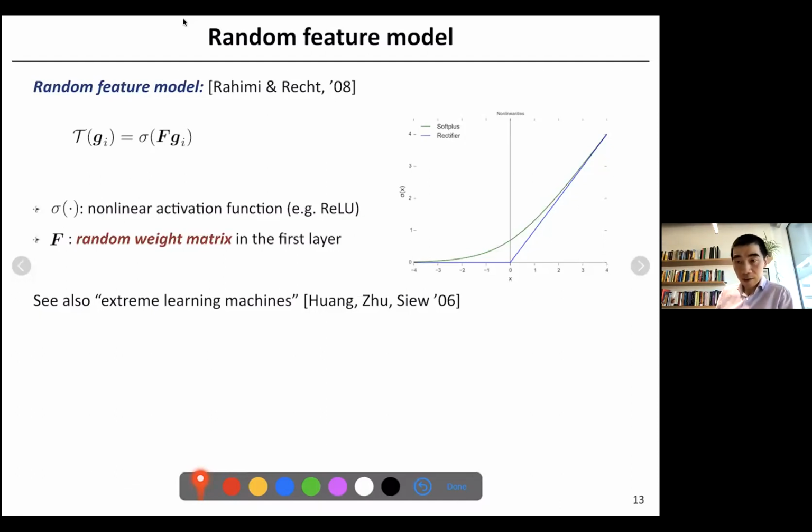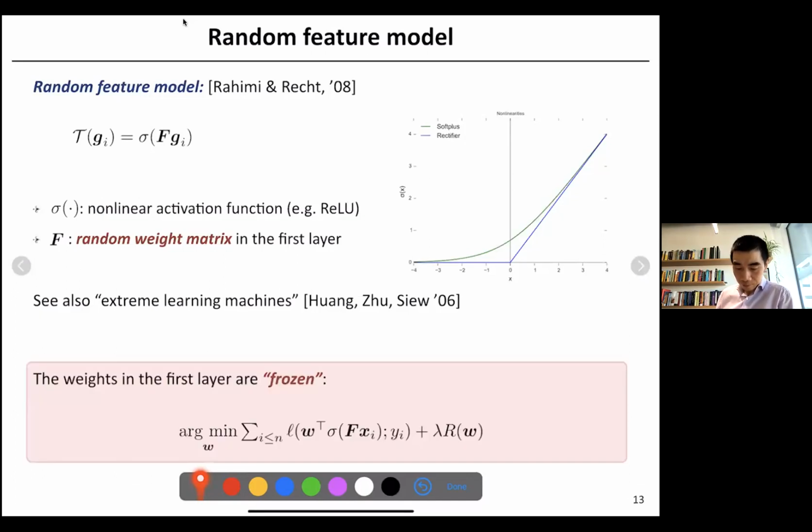Okay, so this is the setting. We're going to consider a learning problem where the feature map F is random but frozen. And then we're only going to learn the weights at the last layer, W, and we're going to solve this optimization problem. Now, what we want to do from our point of view is to understand the theoretical performance of this optimization problem.